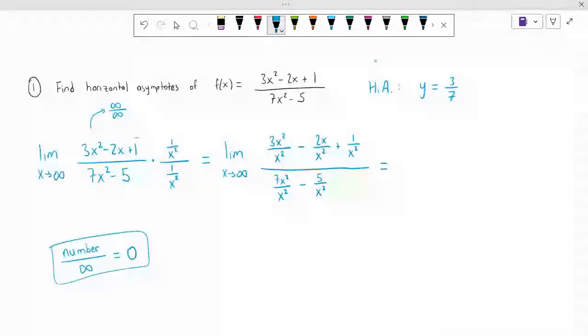So if you divide by a really big number, it's practically 0. And so when we divide everything by that highest power in the denominator, we're going to get a bunch of these situations where you have a number divided by infinity. So let's just finish working this out and we'll see how that works.